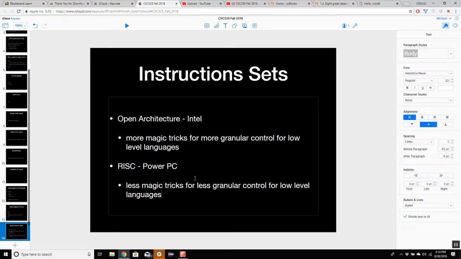Okay. Well, so you have two programs. Let's say both of them were written in C++. We wrote the same C++ program. We compiled it once for Intel architecture, which is going to produce a solution in terms of those 100 magic tricks. Then we compile that same source code again, targeting the Mac operating system and the PowerPC architecture.